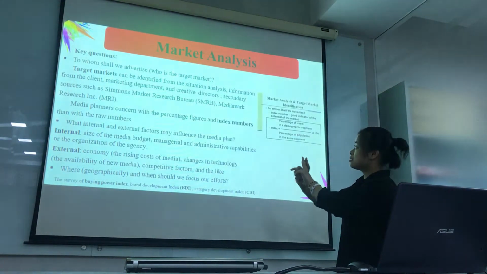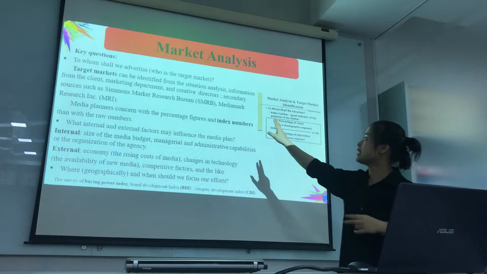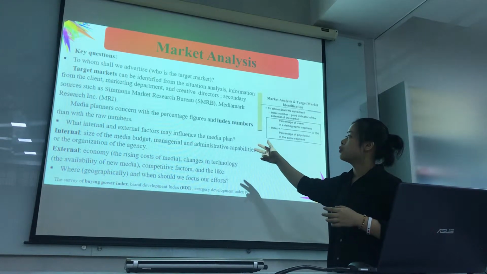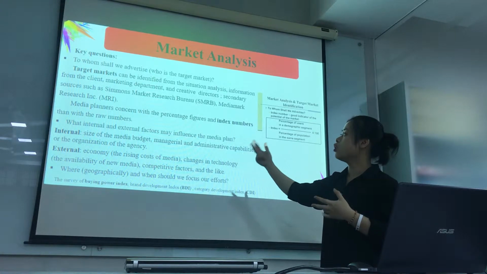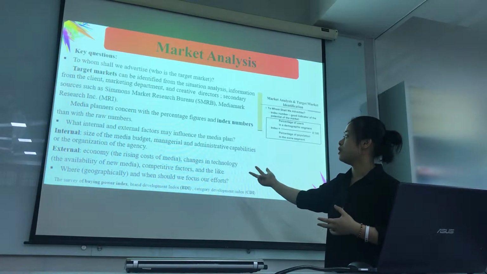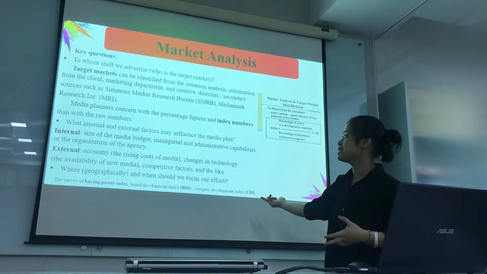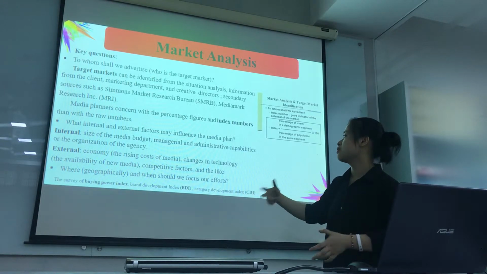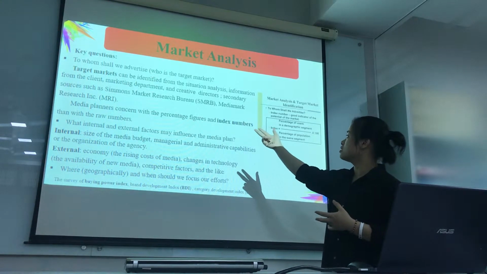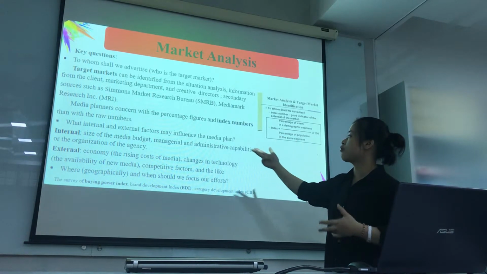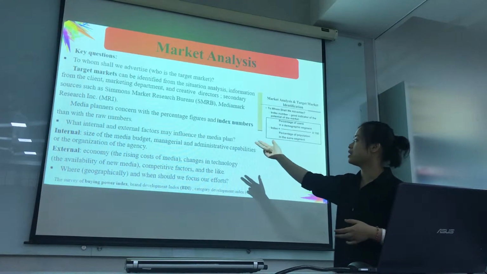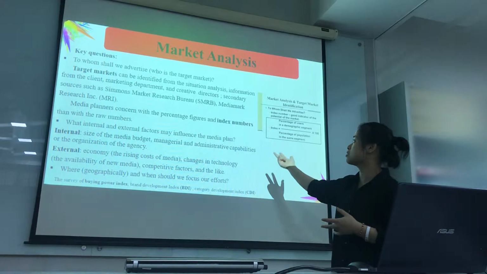The first stage is market analysis. We need to answer key questions, like to whom shall we advertise. We need to define the target market from situation analysis, or gain information from working with the client, the marketing department, or creative directors.